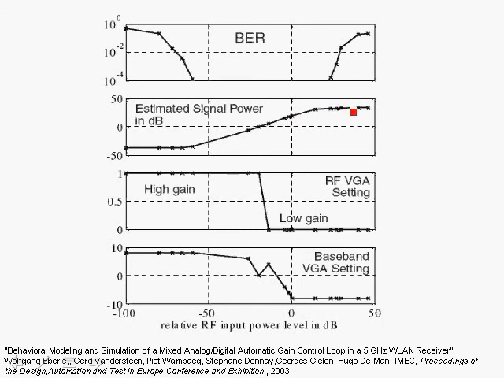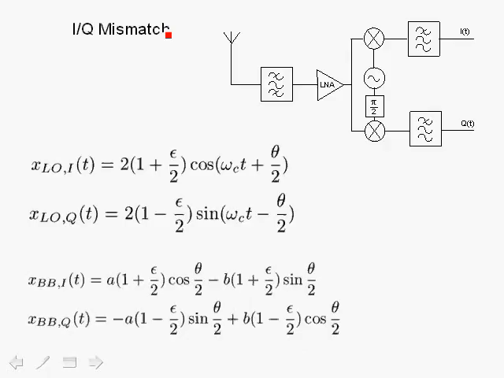In the regions where we have saturation at the high end, we're not in the operating mode, and our received sensitivity levels would be within this range over here. In these ranges, obviously we cannot estimate the signal power, but in the range in between, given the AGC settings, the baseband will be able to form a correct estimate of the input signal power, which is actually required by the MAC layer.